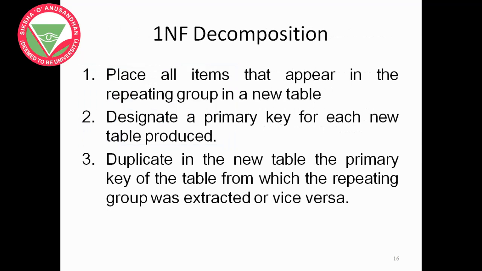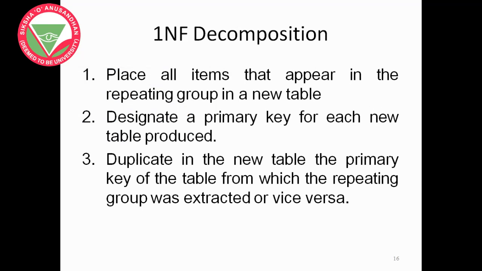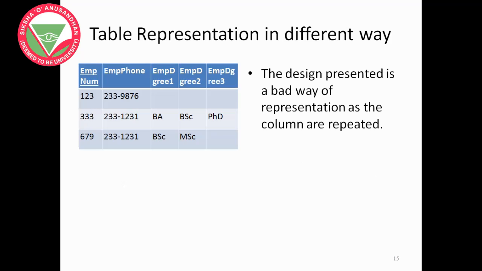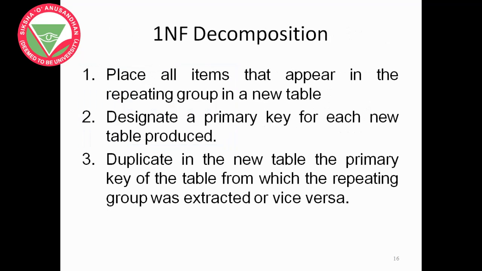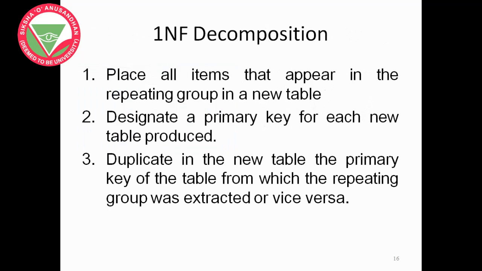So we'll put employee degree in one table and designate a primary key. Now in this case, the primary key is obviously the employee number. So one table will have employee number and employee degree, and in another table we would have employee number and the employee phone number. So this particular table will be divided into two tables.